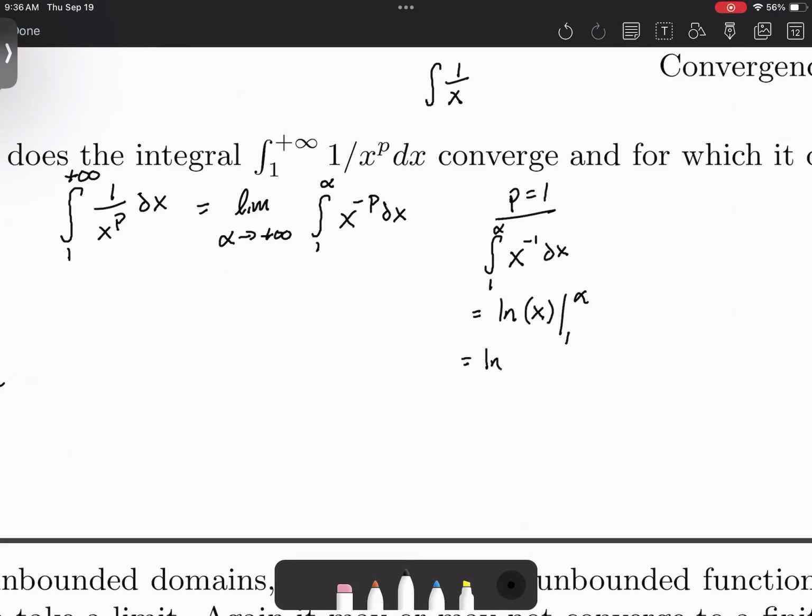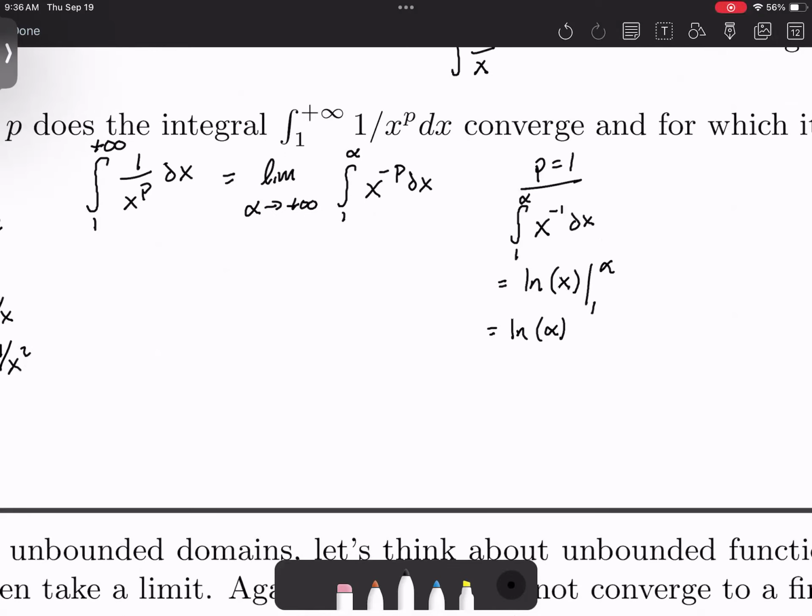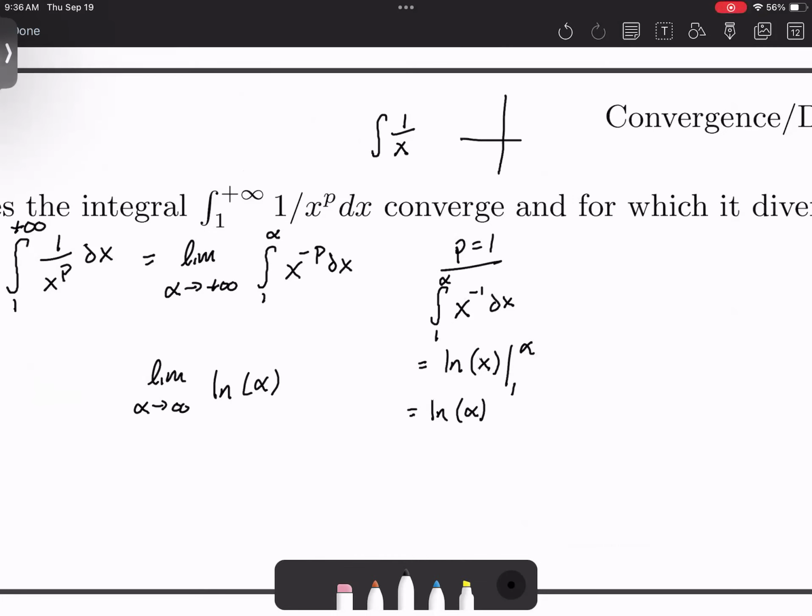This becomes natural log alpha minus the natural log of 1, but that's 0. So we end up with just natural log of alpha. So when we look at the limit as alpha goes to infinity of the natural log of alpha, remember your natural log function is monotonically increasing.